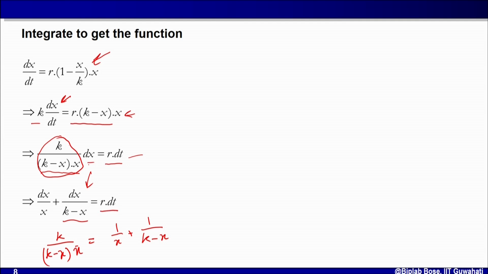So now we will integrate both sides. We integrate dx by x from x naught, the initial population size, to the final population x. We integrate dx by (k minus x) from x naught to x, and we integrate dt from 0 to t.